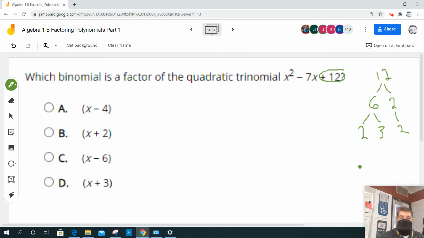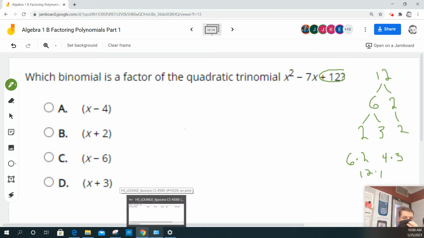So when we think of the factors of 12, it could be 6 times 2, 4 times 3, and 12 times 1. Those are the different combinations of numbers that we can multiply. So here's a 4, here's a 2, here's a 6, here's a 3. So we're literally going to have to factor this thing to figure out which one belongs.